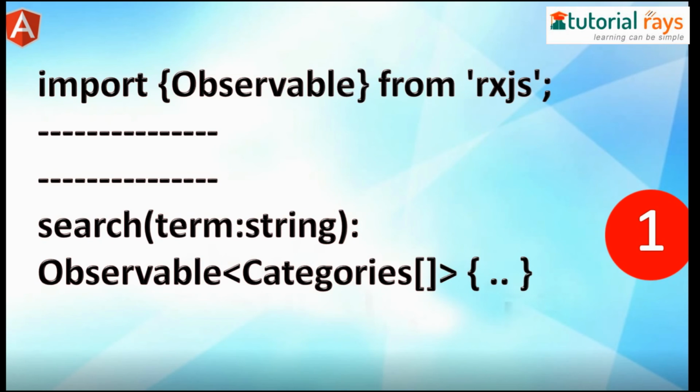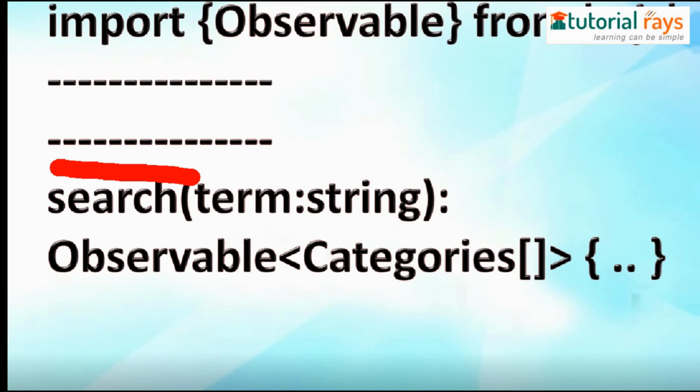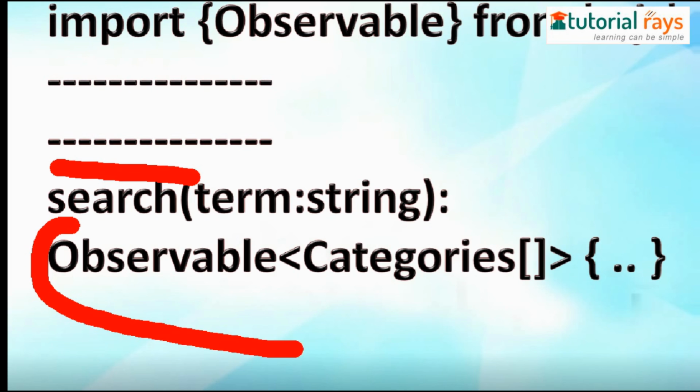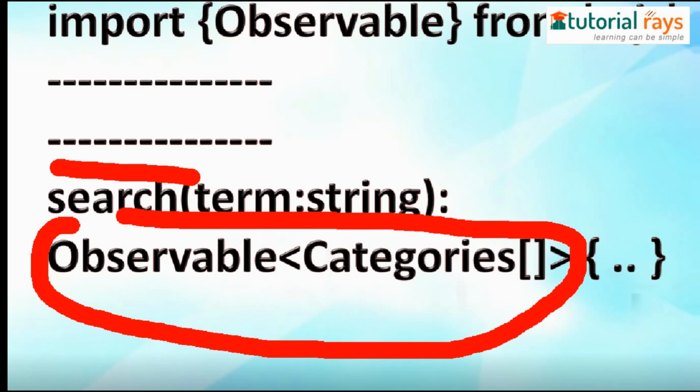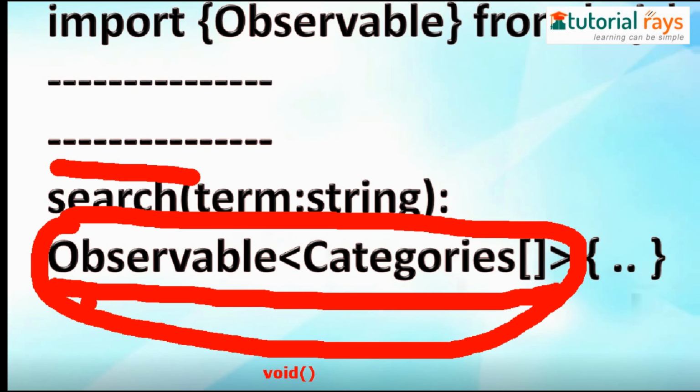Understand here once again that this is our function, and this whole thing is the return type. In place of void, you are writing this complete thing. This is the return type. The return is observable.